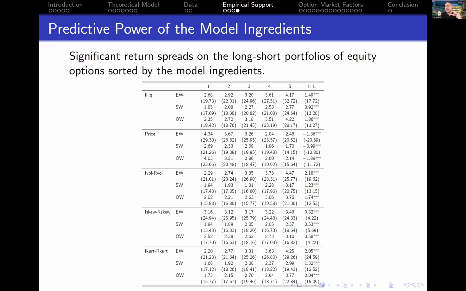So the objective is to compare linear versus non-linear machine learning models and their performance using stock versus option characteristics. Our main takeaway is that option characteristics do better than stock characteristics in predicting future option returns, but stock characteristics contribute to option return predictability.